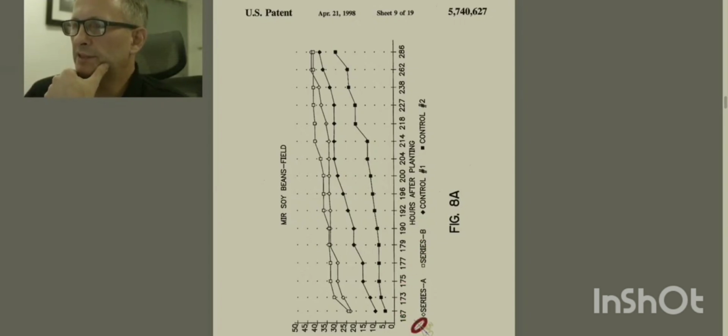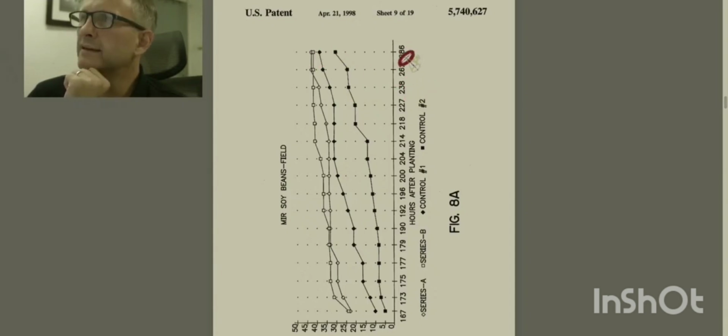But here we go. If this is hours, then 238 hours here is 10 days. Okay, so we've got a 10-day point here. With the untreated seeds, even at 10 days, 12 days, so you're getting on for 2 weeks here, the untreated seeds are significantly less observed germinating, and at the end of this period, there's still a significant number that haven't germinated.